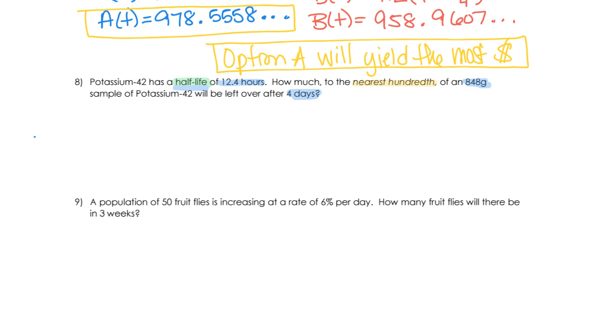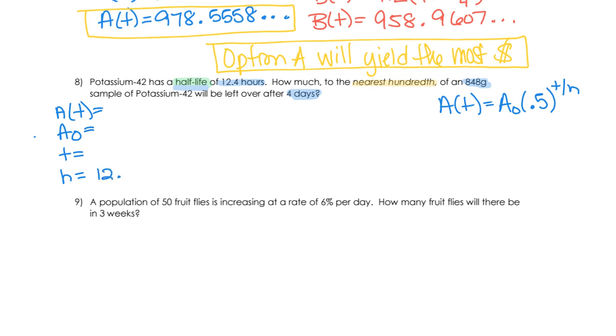4 days. Okay. So the keyword half-life is going to tell us to use our half-life formula, and that is A of T equals A sub 0 in parentheses 0.5 raised to the T divided by H. Okay, so in there we have A of T, we have A sub 0, we have T, and we have H. All right, so potassium has a half-life of 12.4, so that's lowercase h.